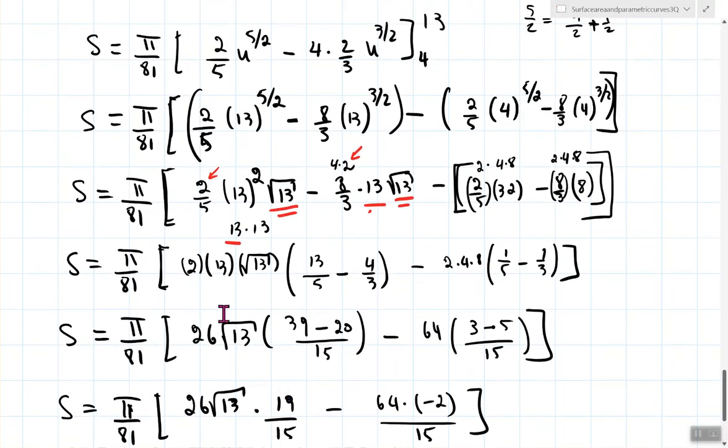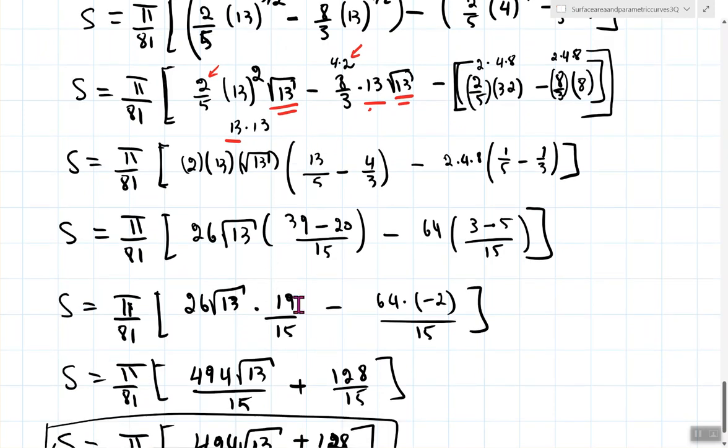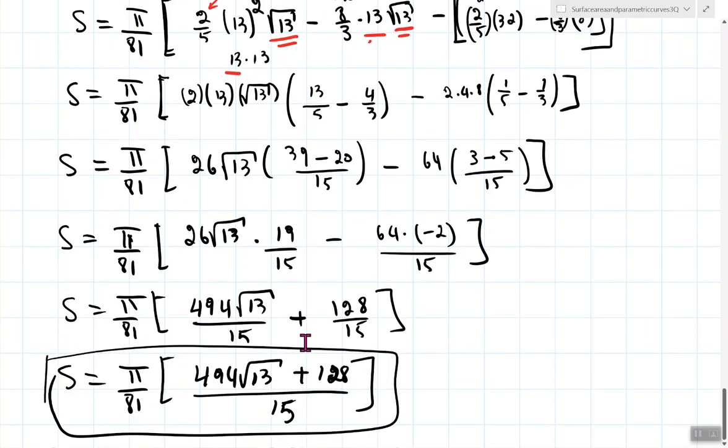When you reach this stage, you can just use a calculator if you want the decimal version. You don't have to spend so much time doing these calculations here. Okay, thank you very much.